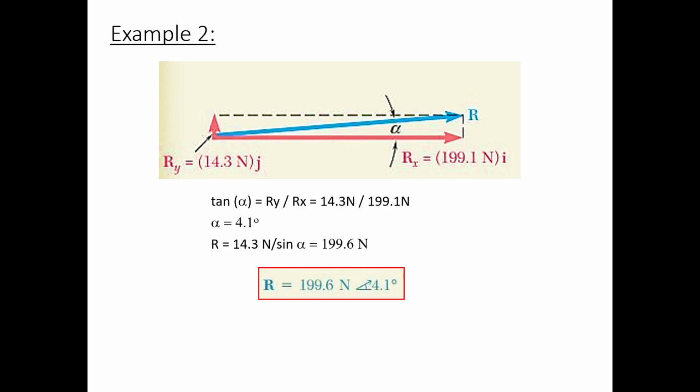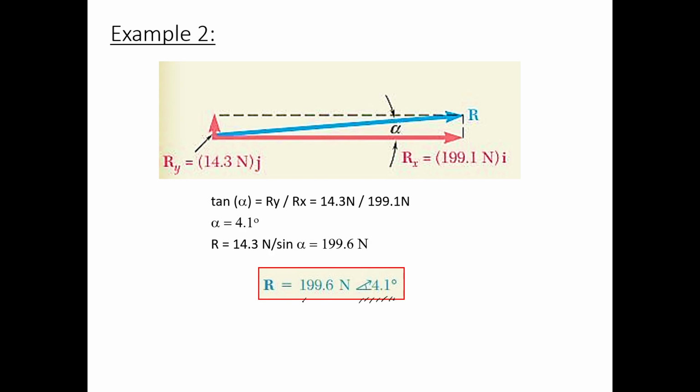And this one is the answer. So getting the resultant force, the resultant force is what we solved earlier. And then this one is the direction, the angle 4.1. So this is how you write your direction: angle, then 4.1 degrees.